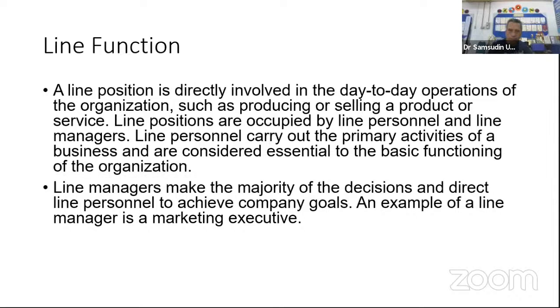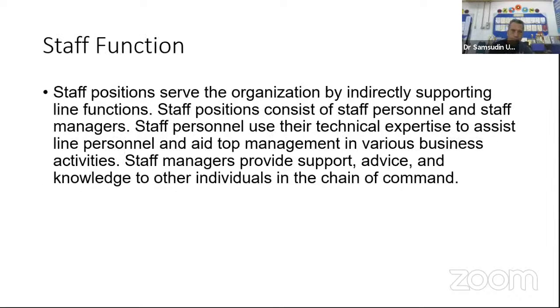Okay, next slide. Now we go to the staff function. Staff positions serve the organization by indirectly supporting the line function. They support the line function, but they don't have any target, whereas the line function has a daily target, a weekly target, and a monthly target.